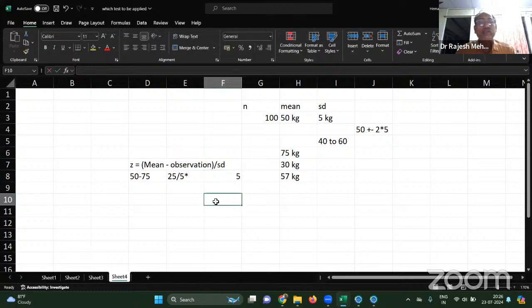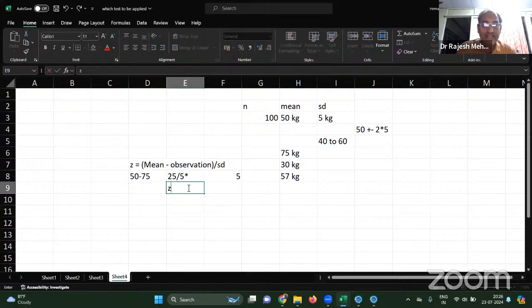So Z is more than 2. So it goes beyond the standard normal curve, the 95% limit goes beyond that because it is more than two standard deviations away. So the possibility that this belongs to the group is less than 5%. So when Z is more than 2, we say that the probability of this person belonging to the group is less than 5%.